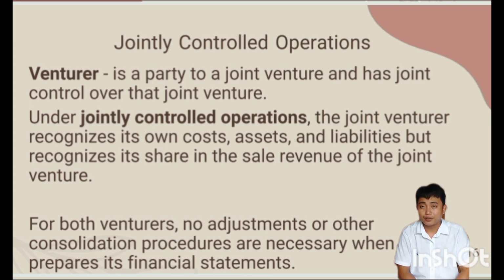So, ang example ani, for example, si entity A ug si entity C nakasinabot sila nga mag-combine sila sa ilang resources ug expertise to make a particular product para mag-release sila sa market. So ang different nga ways ana kapag-construct sa product is ang i-incur sa usa ka venturer.